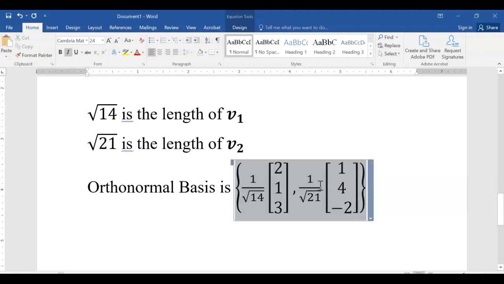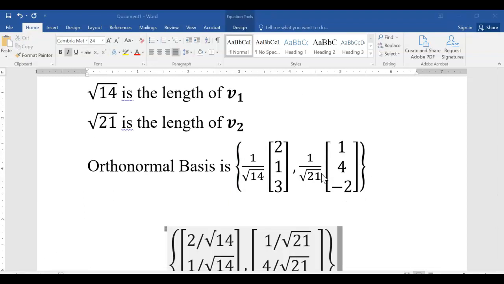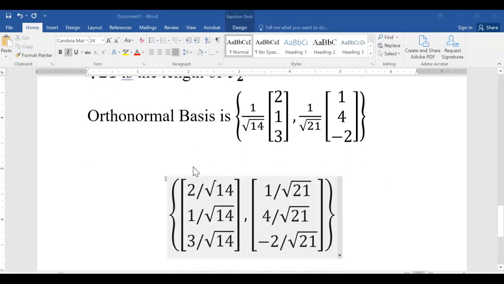Now if you want to clean that up a little bit, you can. Let me go and type that separately. So if I distribute the 1 over square root of 14 into 2, 1, 3, I get 2 over root 14, 1 over root 14, 3 over root 14.